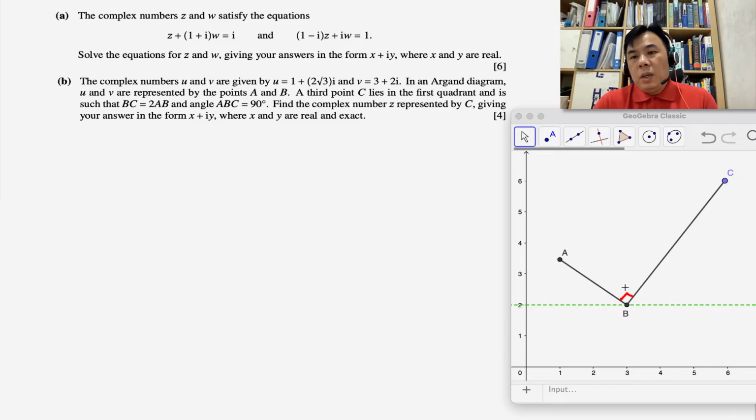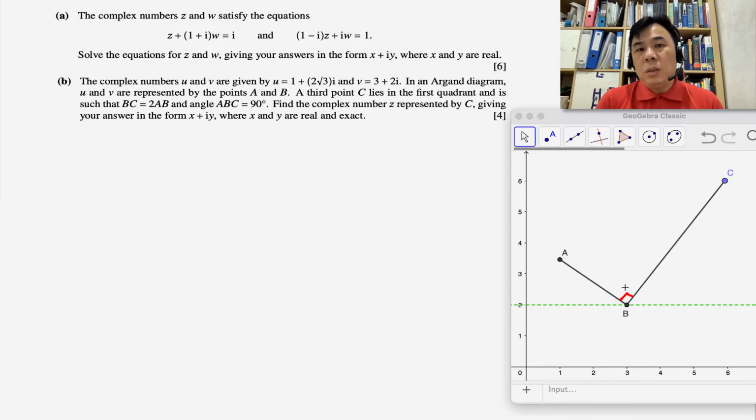There are many ways to do this. The first impression you would get is that you would rather use a coordinate geometry approach.